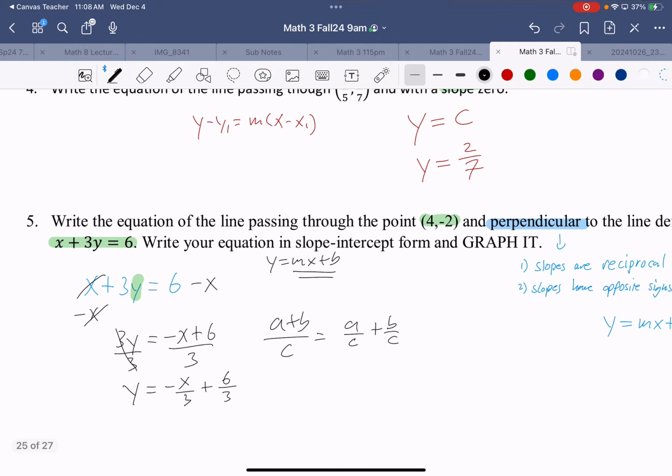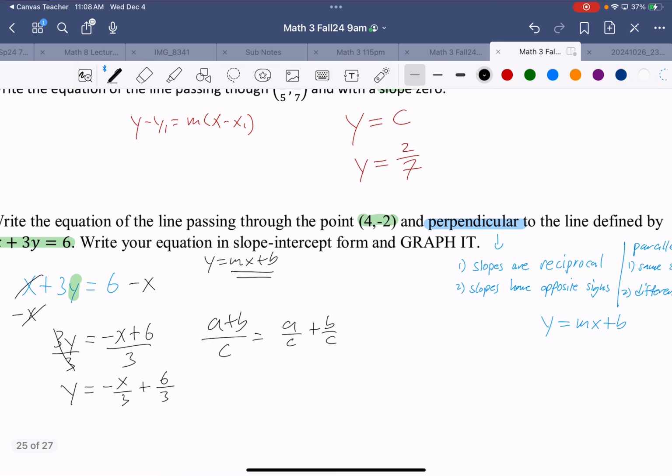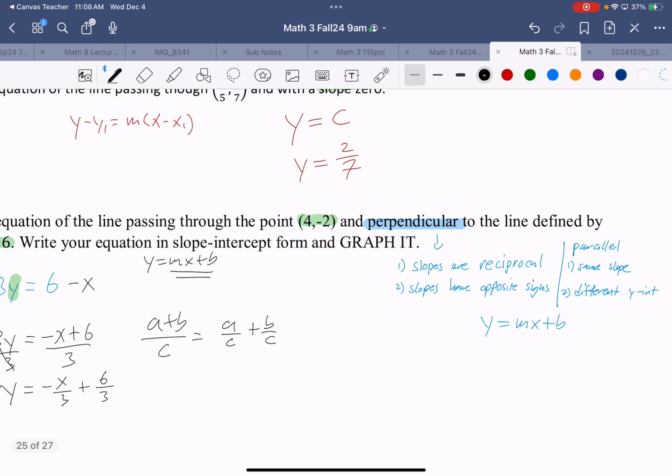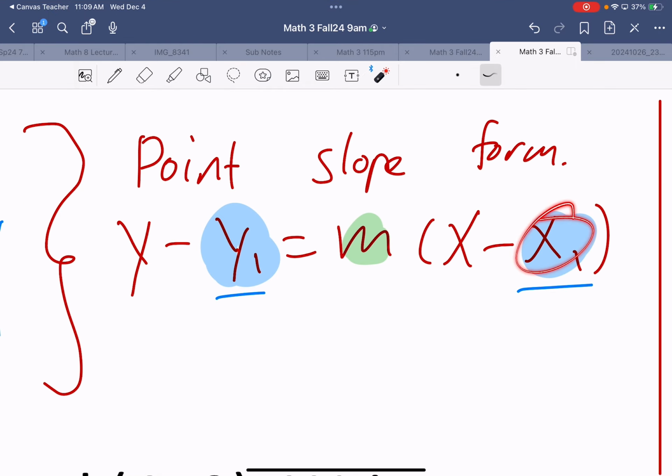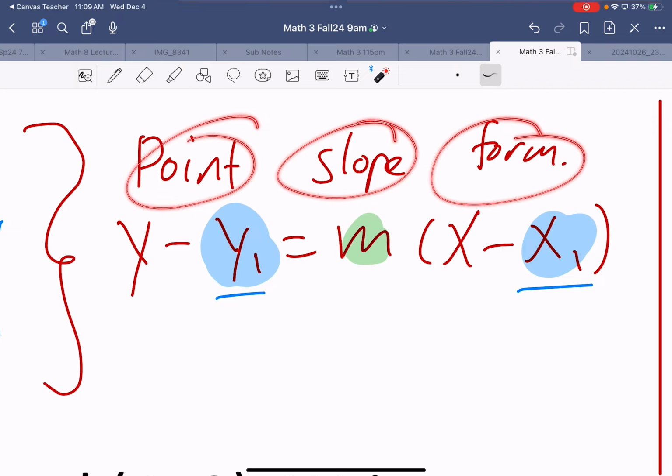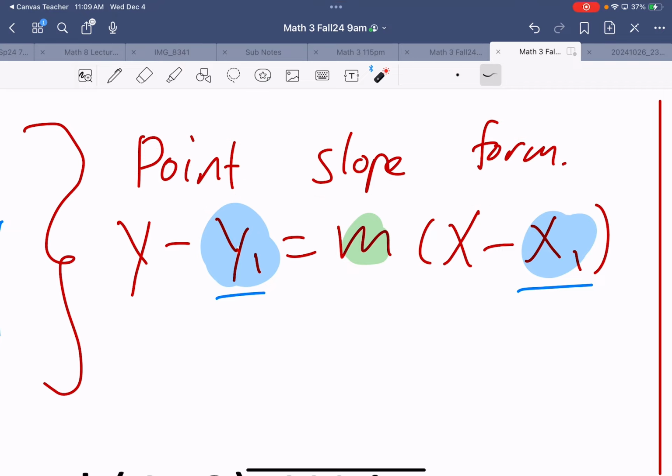Now, for either one of these, I really only care about the slope. The different y-intercept, that kind of happens on its own. I don't actively change anything. I'm really just focused on the slope, right? Because the formula itself cares about a point and a slope. Hence why it's called point-slope form. So I'm really only focused on the slope of this line.